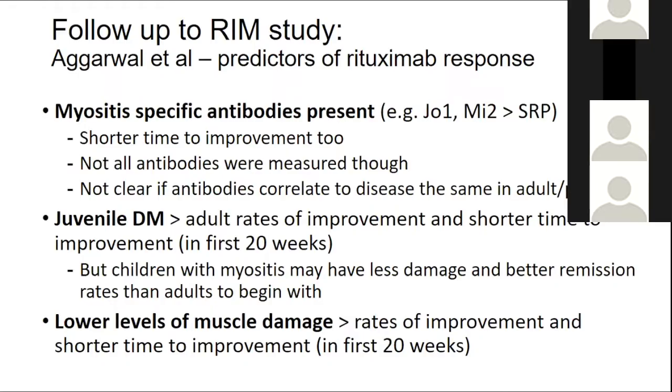Like I said, it looked like juvenile myositis patients responded more quickly than adult patients, but this could be confounded by the fact that children with myositis might have less damage and may improve more than adult myositis patients in general. We also found that patients with lower levels of muscle damage seemed to improve better than patients who had more muscle damage when they got rituximab.